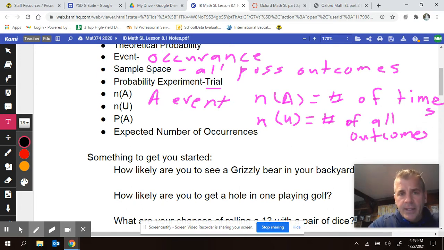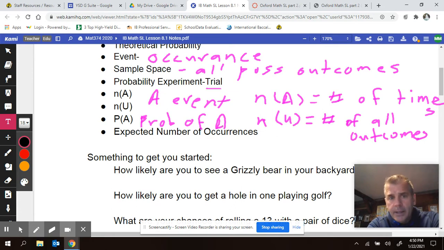So if we want to calculate the probability of A, and that's what this P of A would mean, that is the probability of your event taking place. So the probability of your event, like I just said, what's the chances? What's the probability of rolling a 2? Well, how many 2s are there on a number cube?